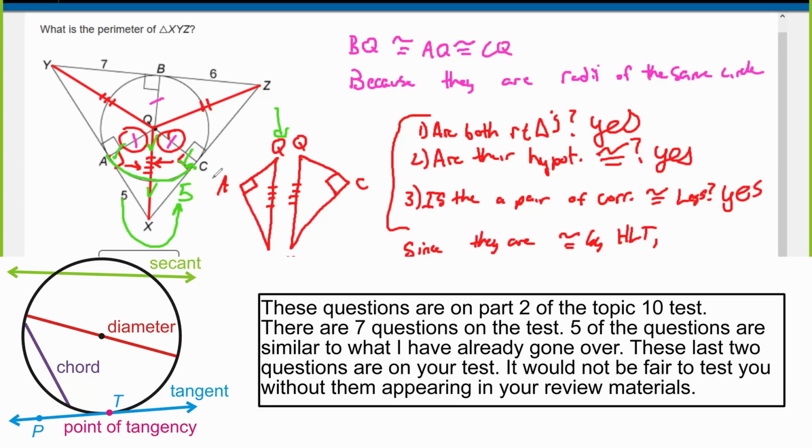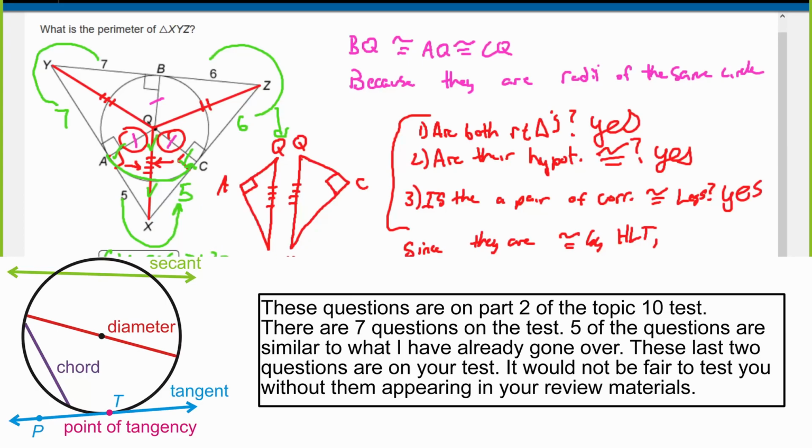Now, I can already see the same diagram if I rotate each of these. They're not congruent, but I can see that all of these other criteria that I've shown are going to hold true. So if I were to reflect this to here, I would have 7. And if I were to reflect this to here, it would be 6. So to find the perimeter, it's going to be 6 plus 5 plus 5 plus 7 plus 7.